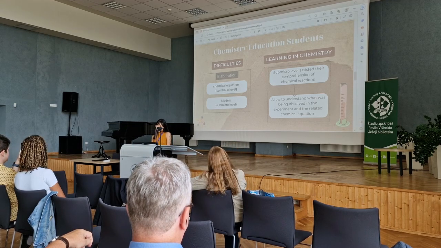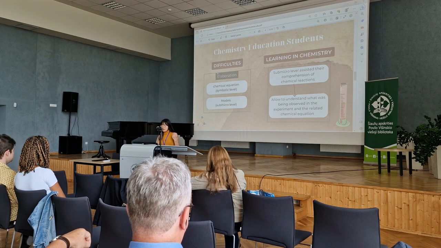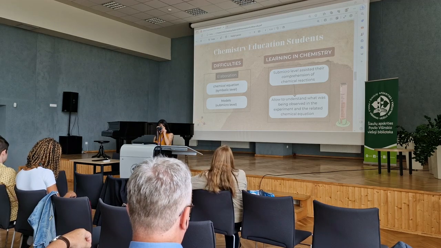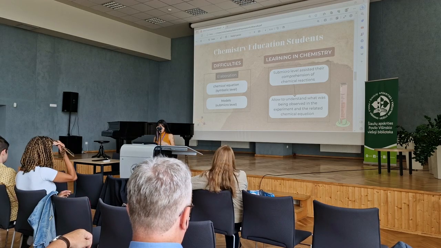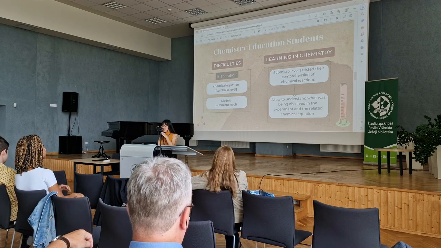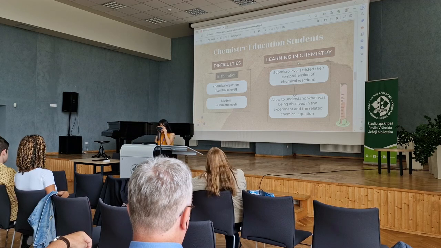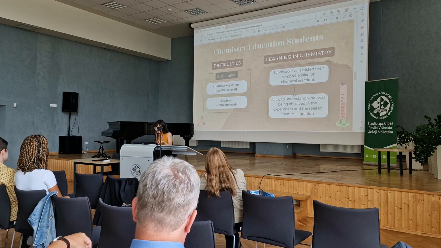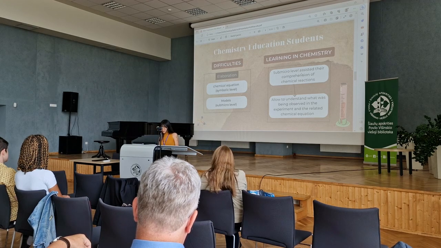The difficulties they reported were in the elaboration step: making the chemical equation and the models at the submicro level. But they said the submicro level in this activity assisted their composition of the chemical reaction. So this submicro level allowed them to understand what was being observed in the experiment and relate it to the chemical equation.